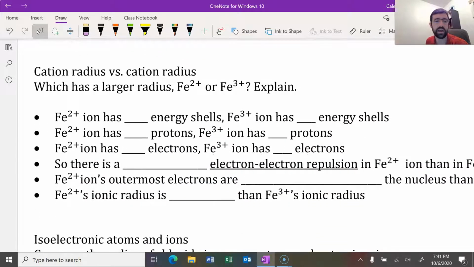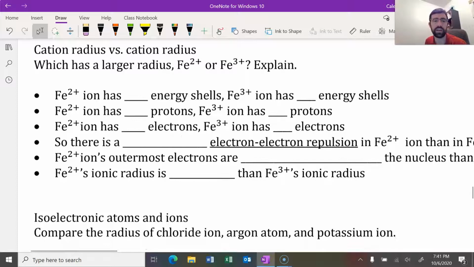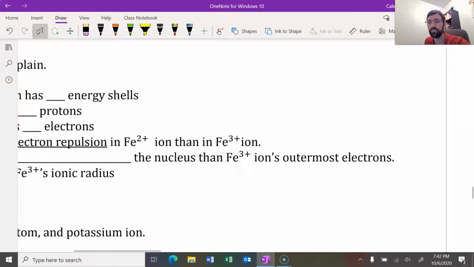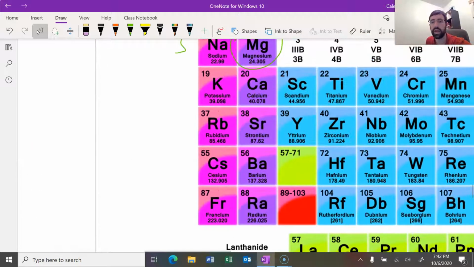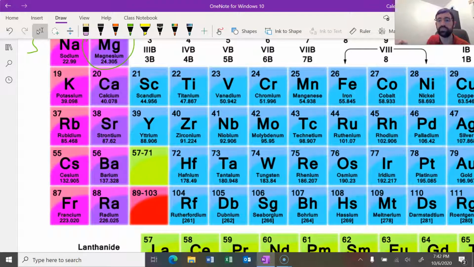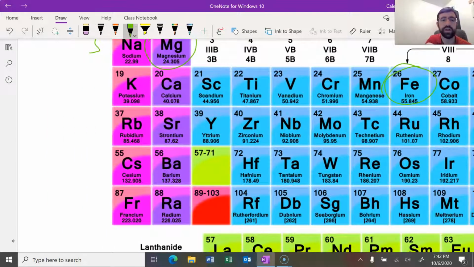All right, cation radius versus cation radius. So if they're both cations, we've got to compare something a little different. Okay, so the Fe2+ ion, well, it's right here, and remember we first lose the 4s electrons because you're going to lose electrons from the valence shell.